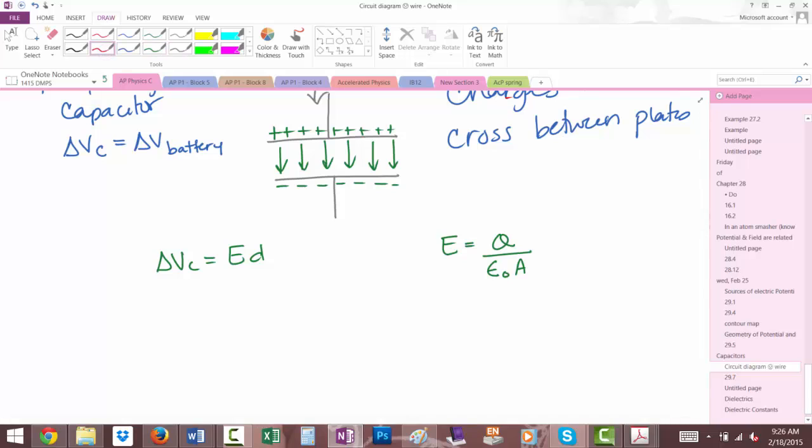We can put those two expressions together, and instead of saying E, I'm going to throw this big mess in for E. Let's do this one at a time. If we solve this for Q, Q is equal to E epsilon naught times A, and then let's throw E in over here, where E is equal to delta V over D. Is that okay?